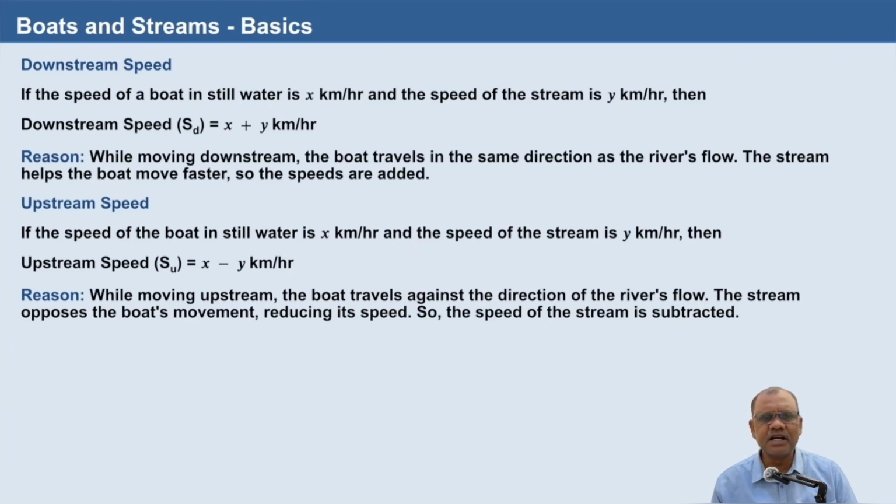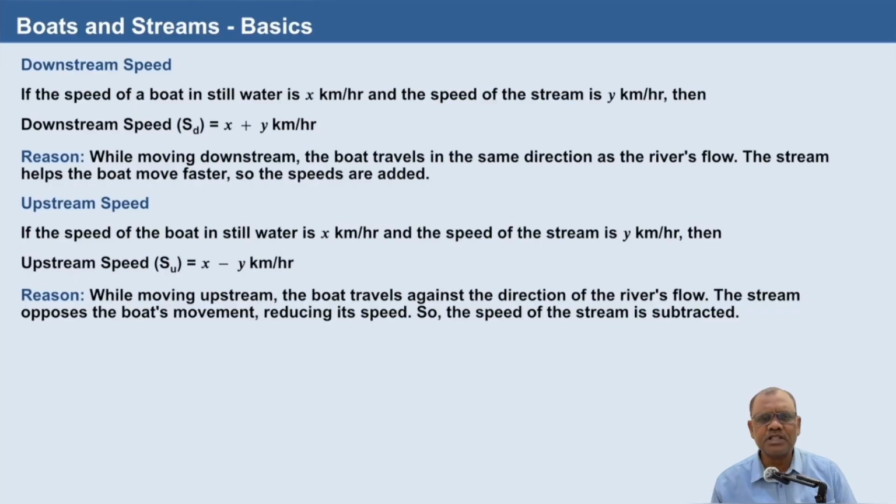Similarly, upstream speed. If the speed of the boat in still water is x kilometers per hour and the speed of the stream is y kilometers per hour, then upstream speed is equal to x minus y kilometers per hour. The reason is that when the boat is moving upstream, it travels against the direction of the river's flow.